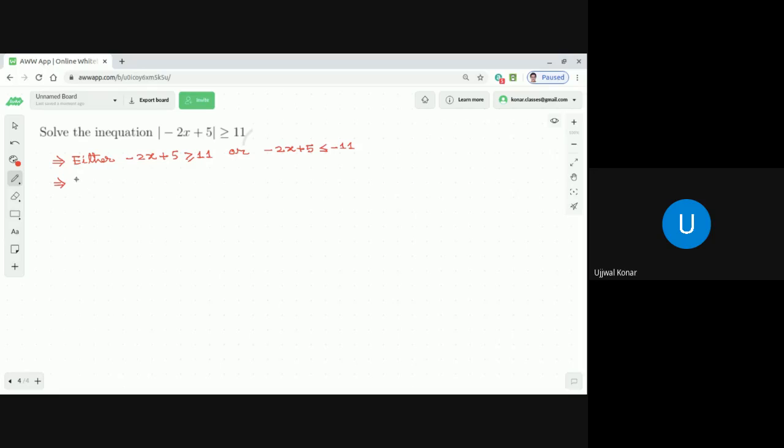So from here, we get either minus 2x is less than or equal to 11 minus 5, that is equal to 6, correct? Or minus 2x is less than or equal to minus 16, that is minus 11 minus 5.